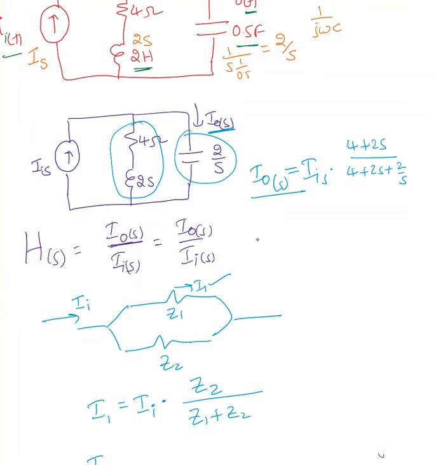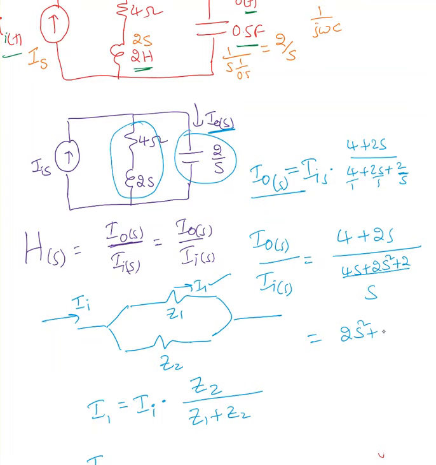I'm going to simplify this a little bit. I naught of S over I input of S equals 4 plus 2S over, now I have 2 over S. I'm going to find the LCM in the denominator, which is S: 4S plus 2s square plus 2. I'm going to take the s to the numerator. I will end up with 2s square plus 4s over 2s square plus 4s plus 2.